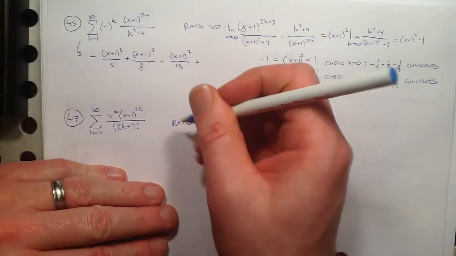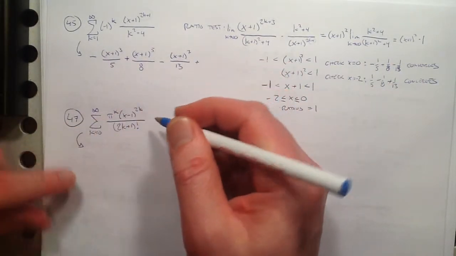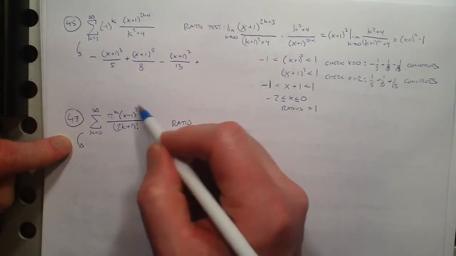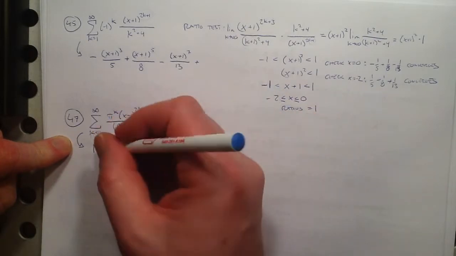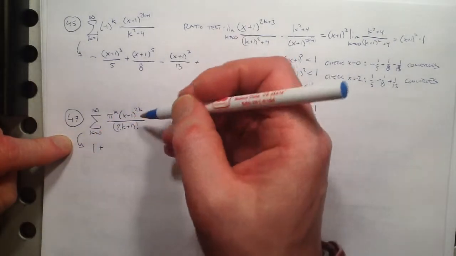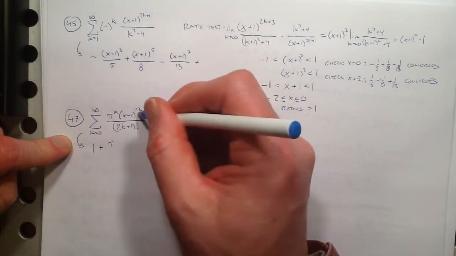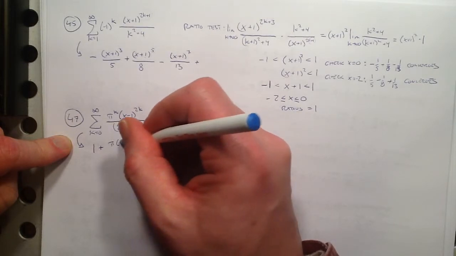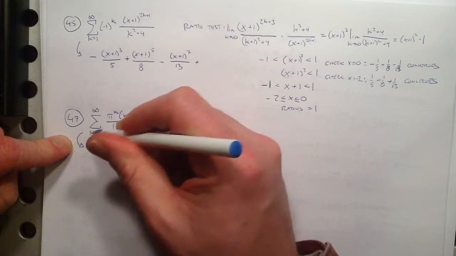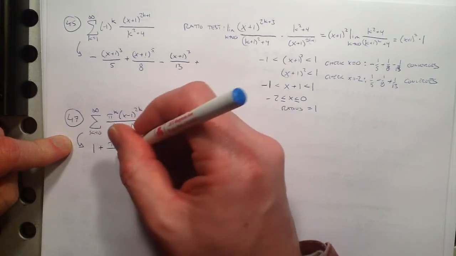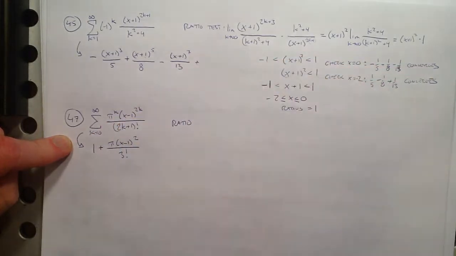So let's see. Let me write out my terms first. Plugging in 0, that's 1, 1, and 1. It's not alternating. Plugging in 1, I get pi times x minus 1 squared over 3 factorial.